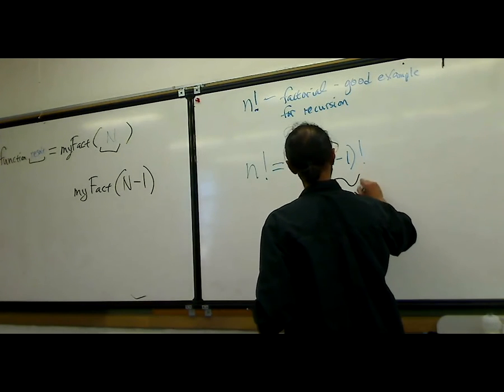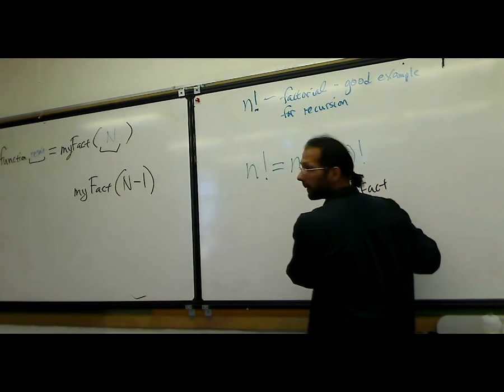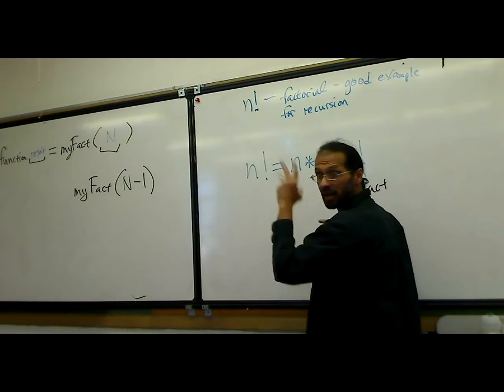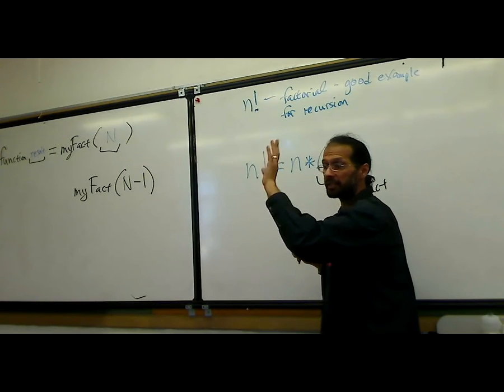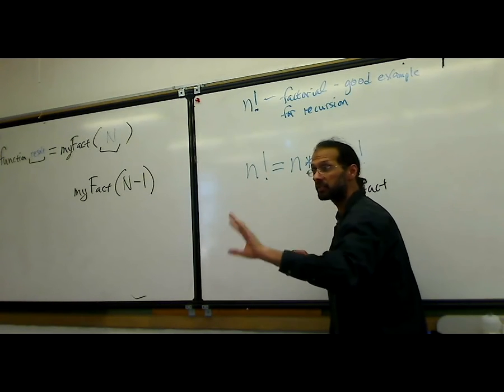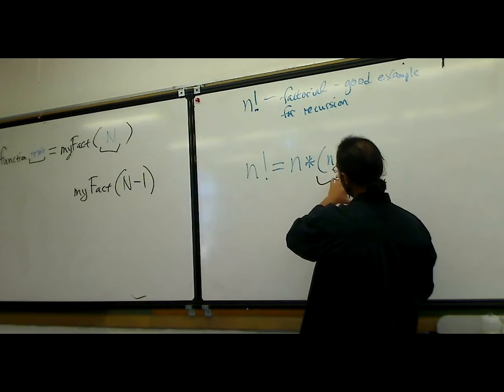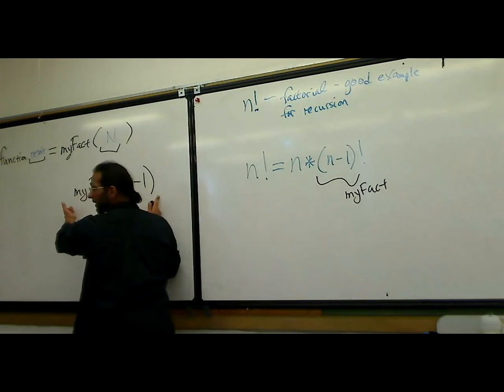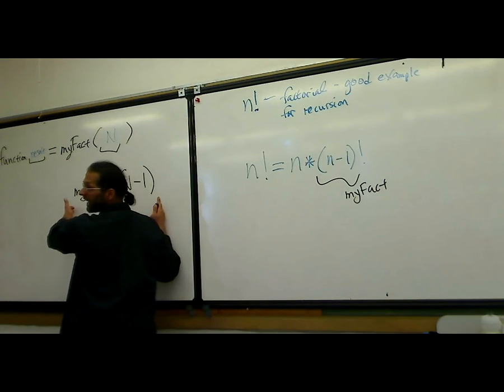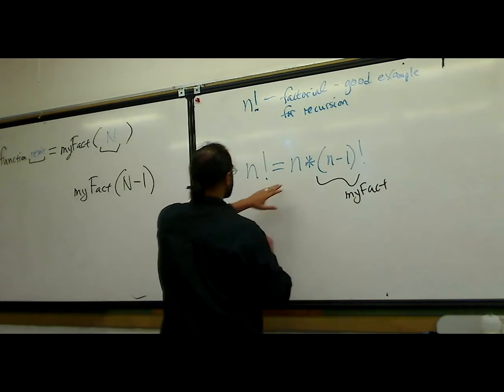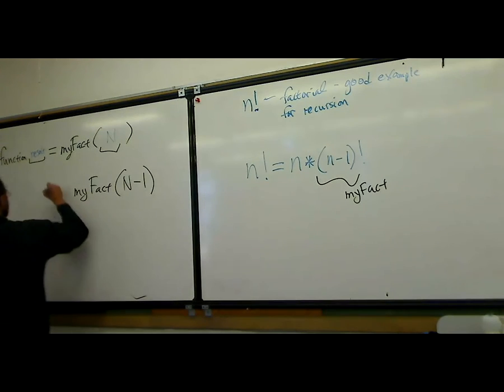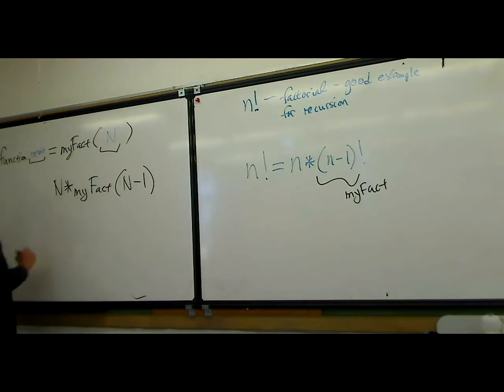This is my fact, right? So when that instance of my fact is done, it kicks back a result. That result replaces this in a mathematical equation, or an assignment in MATLAB. So I'm going to multiply it by n. That's what I want to do.